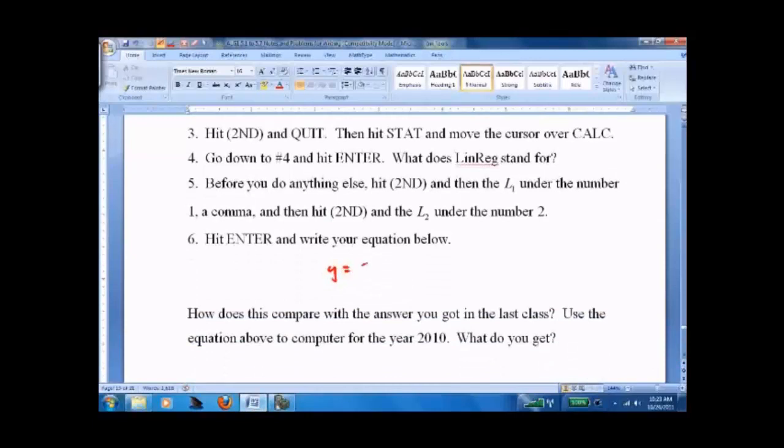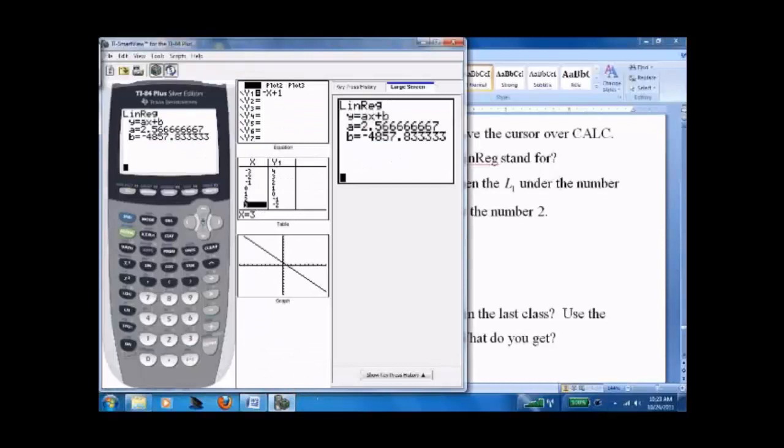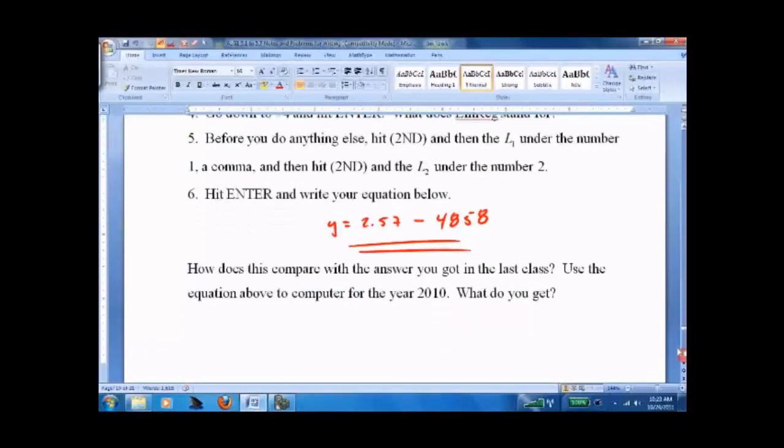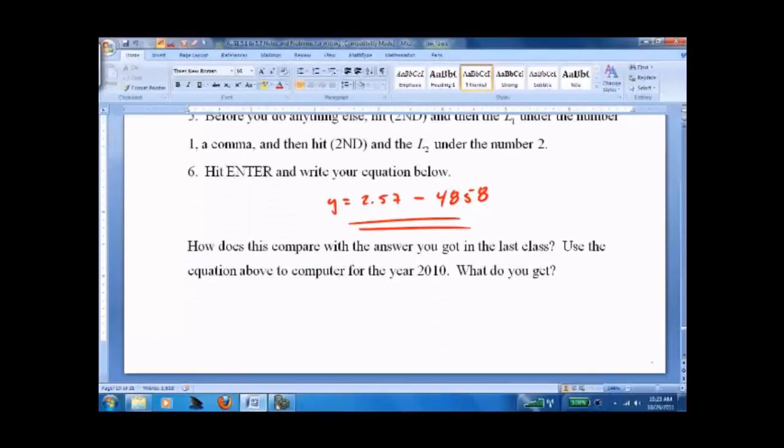Y equals 2.57x minus 4858. And that is a pretty good equation to give us our numbers. Now, again, we're going to use 2011. We did this the other day in class, and we got y equals 3x minus 5721.